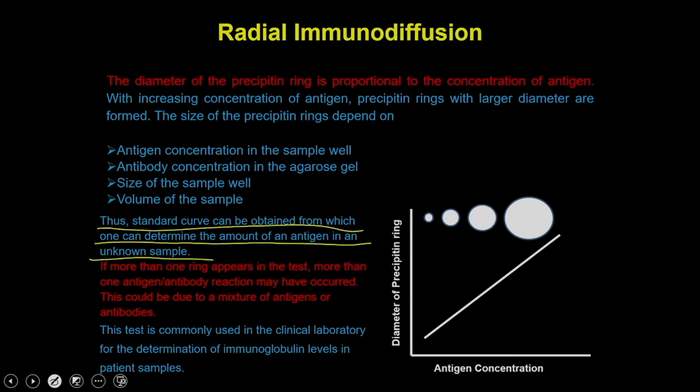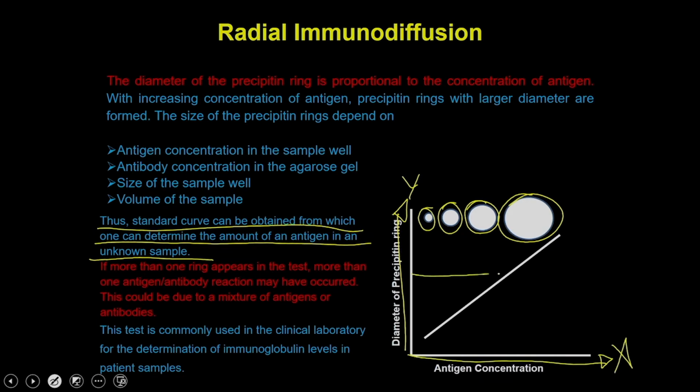For example, you can take antigen of different amounts, and that is going to give you precipitin rings of different diameters. So, you can plot the diameters of these rings on the y axis and the concentration of the antigen on the x axis, and then use the unknown sample to determine the concentration of that particular antigen.